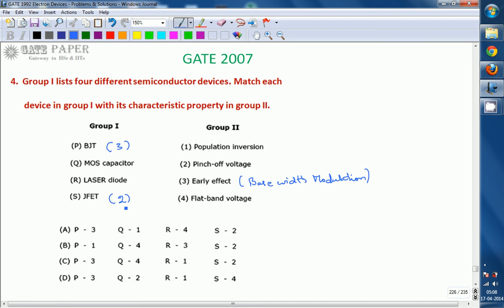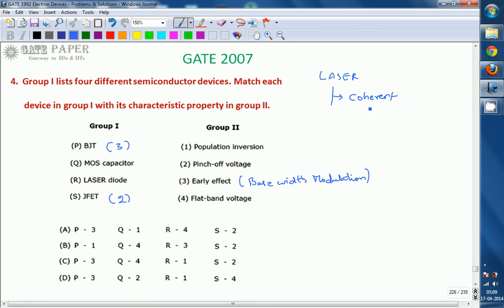Next, MOS capacitor and laser diode. Laser diode has two important characteristics. One is coherent.